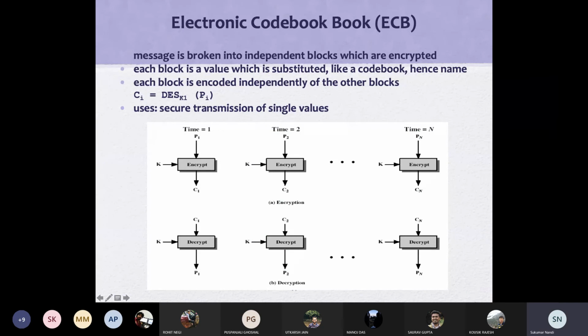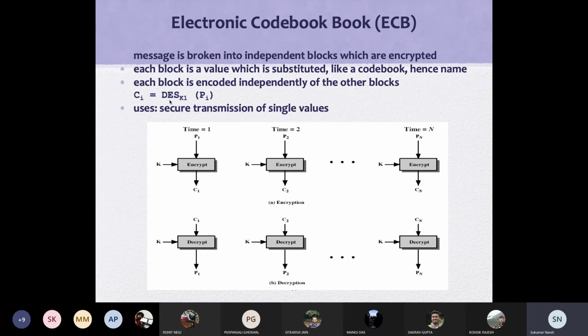First, electronic code book. Electronic code book is the simplest form of code book. Please remember here we have written DES, plaintext encrypted with DES using one key. This DES can be replaced by AES. If we replace it by AES, the block size will be 128; DES block size is 64.